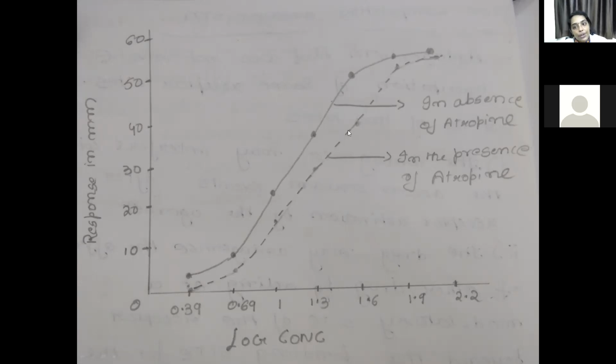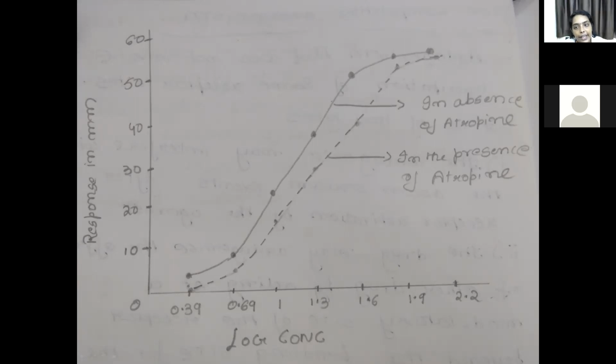Okay, so now you see here that in the log dose response curve, there is a parallel rightward shift in the presence of atropine. From here till here, it's a parallel rightward shift.